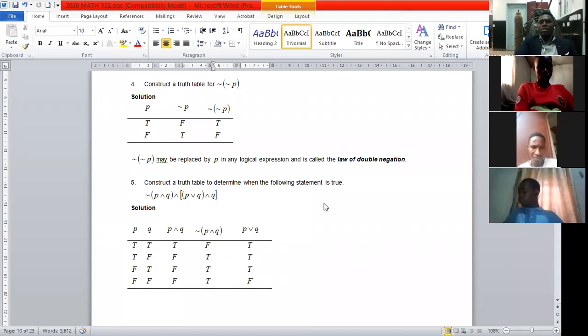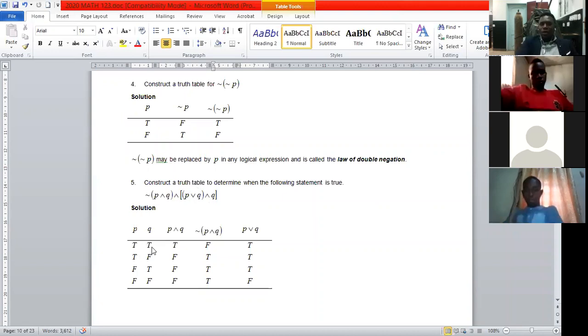Now look at the question that you have. You need to find a truth table for this. How do you get a truth table for this? The first task that comes to mind is: what are the variables I have there? I have P, I have Q. So for the truth table, I have to write P and Q, and then the possibilities of those two statements.